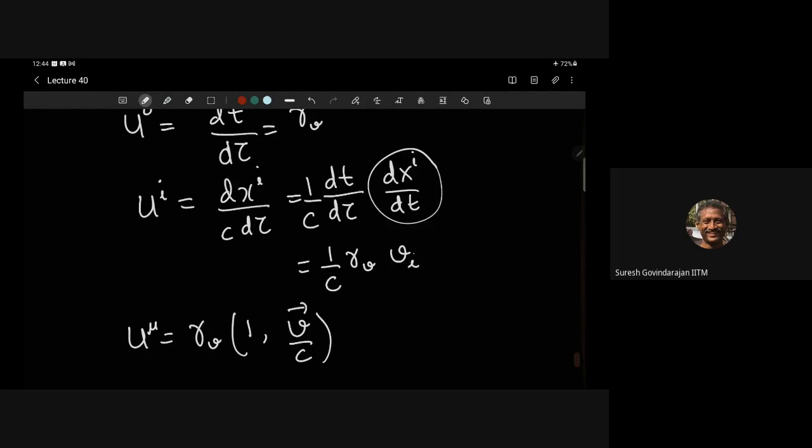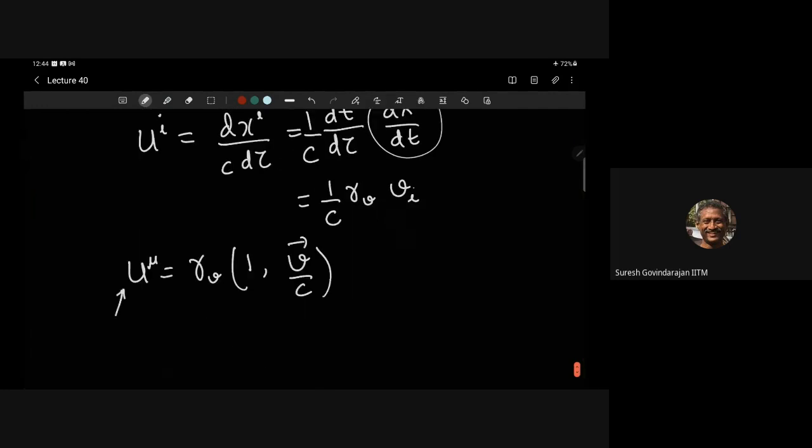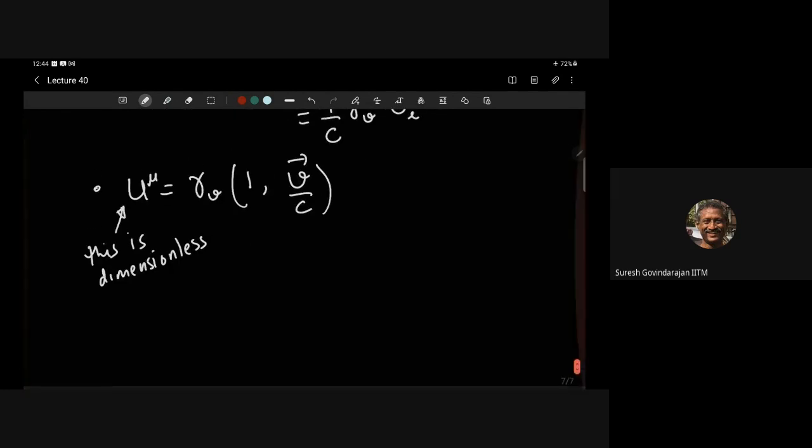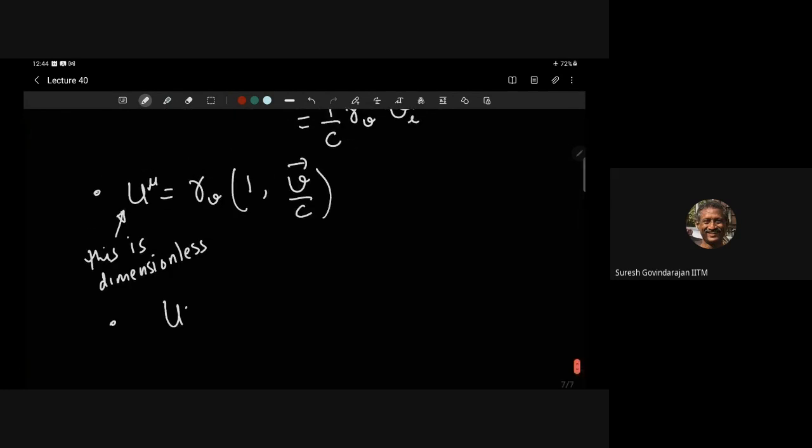Just one comment here. With our definition, u mu is dimensionless, because we're dividing by c. This is our convention. It is easy to check that u mu u mu is equal to +1.